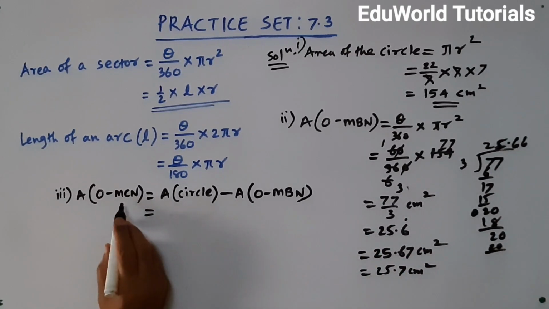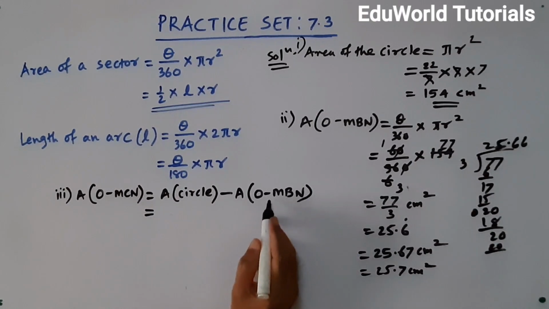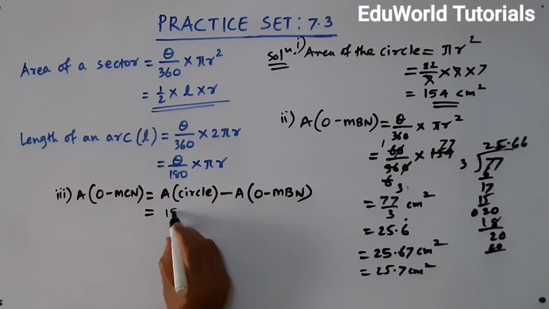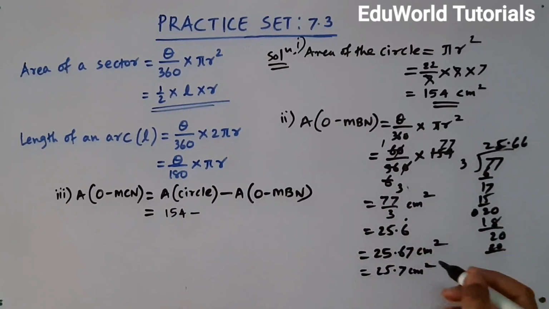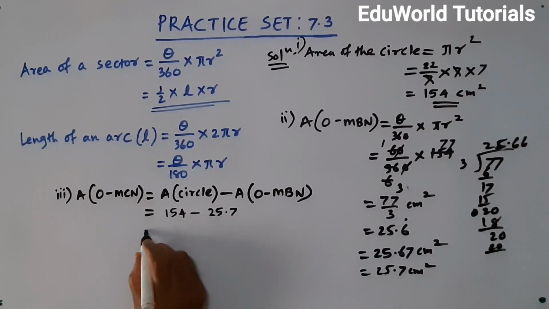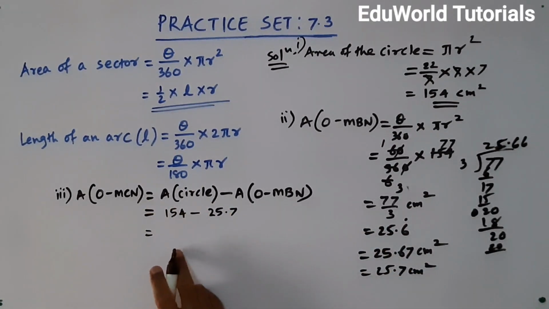Now area of major sector O dash MCN is equal to area of circle minus area of O dash MBN, minor sector. Circle has area 154. We got it in result 1, and 154 minus 25.7 or 25.67 as per the value that you put, you get area of the major sector. So area of the major sector is 154 minus 25.7.